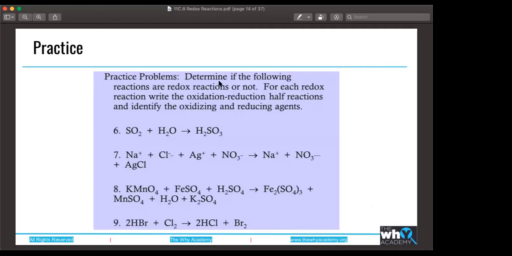Okay. So determine if the following reactions are redox reactions or not. And for each redox reaction, write the oxidation and reduction half reactions. So the first one, is this a redox reaction?